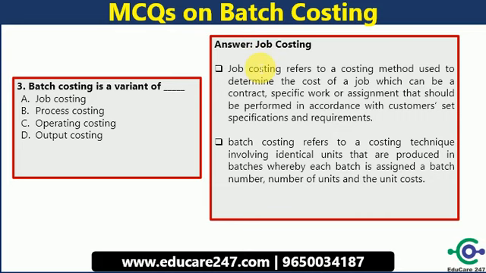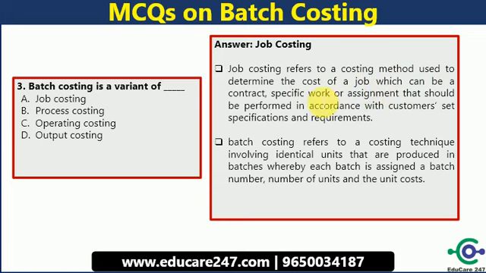So we need to understand what exactly job costing is. It refers to a costing method used to determine the cost of a job. Job here means a particular task.